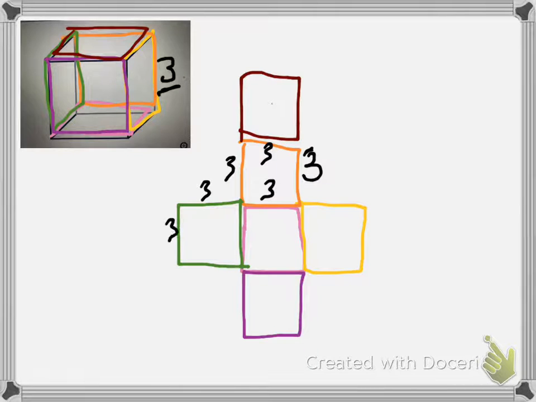We could go ahead and label every single side as 3, but I'm not going to do that. I think you get the idea. So what we want to do is figure out the area of each one of these squares that we have in our net, and then we're going to add them all up to figure out the total surface area of the whole cube.